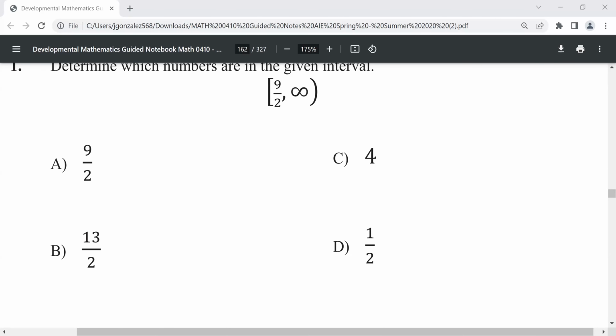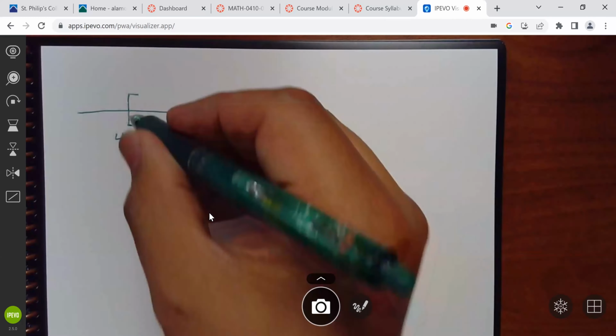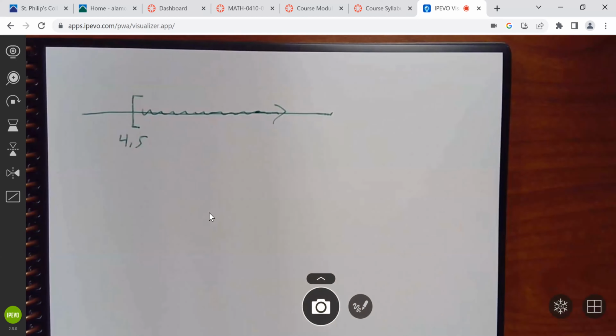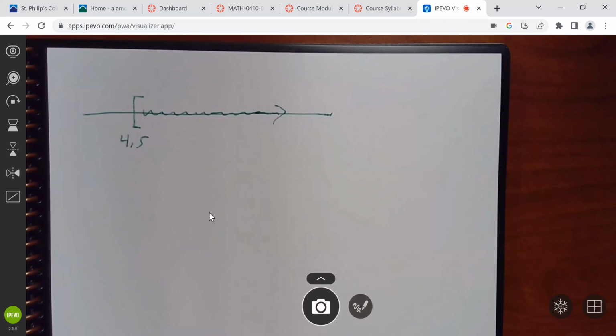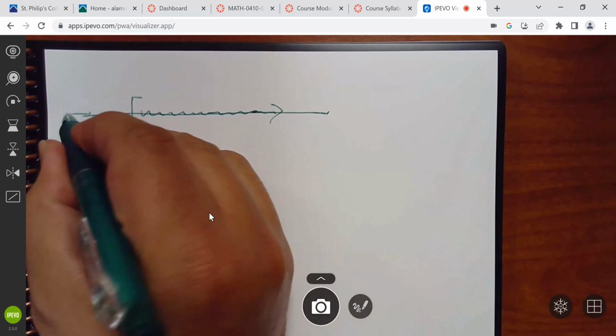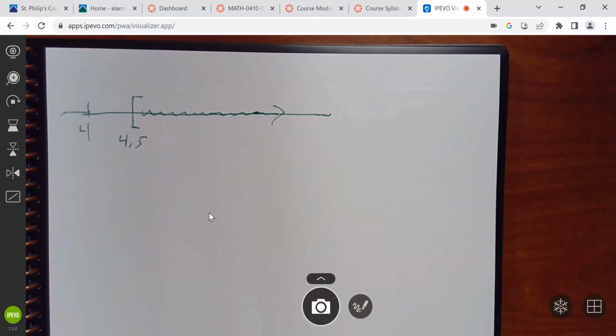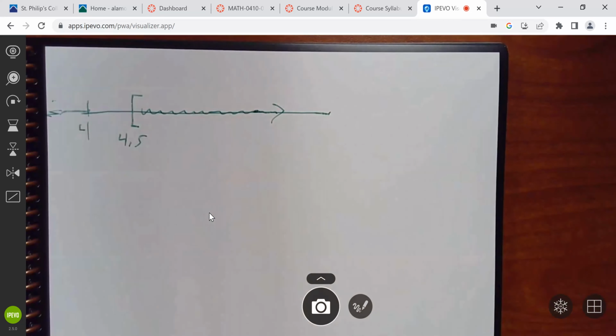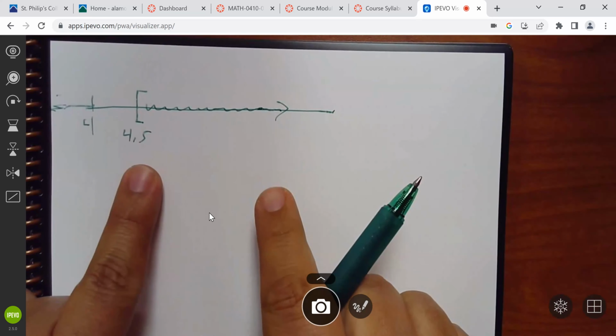So everything after that interval, after 4.5 somewhere down here. So C and D are not inside 4.5 to infinity.